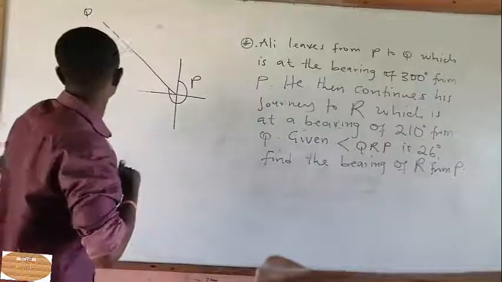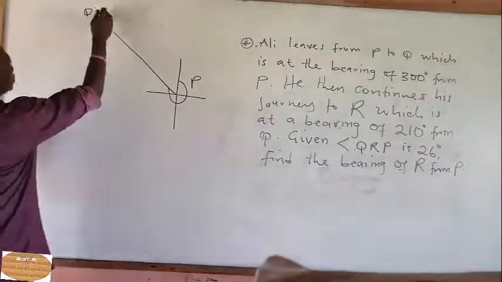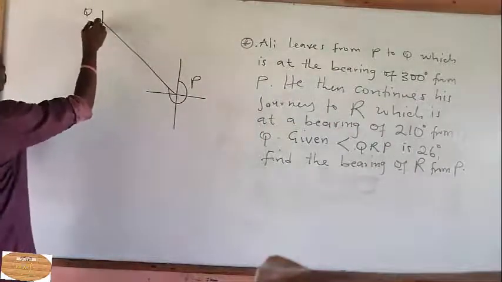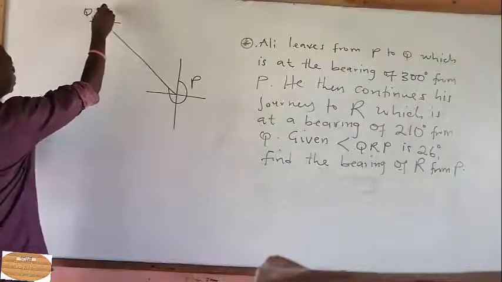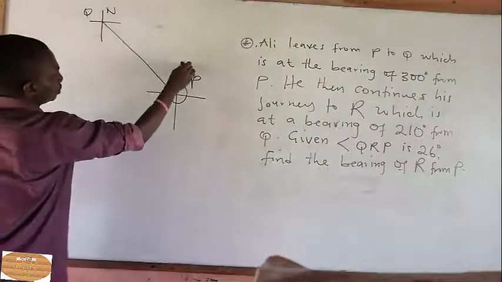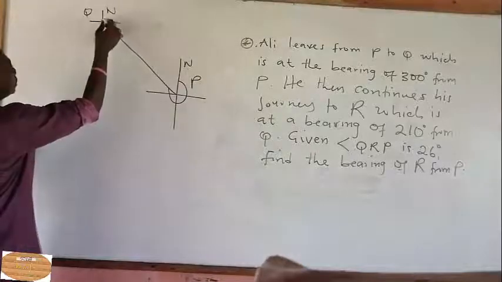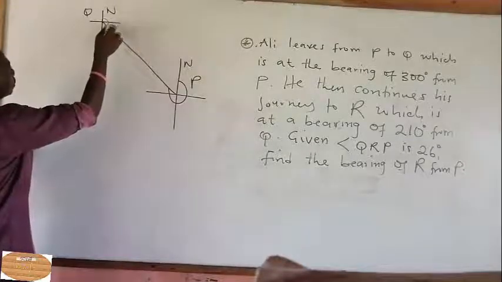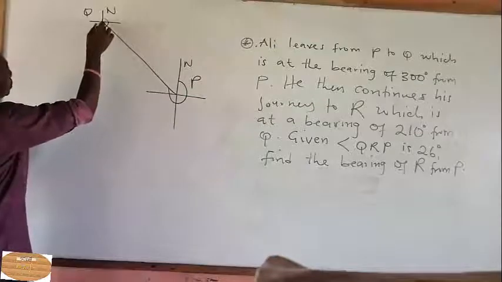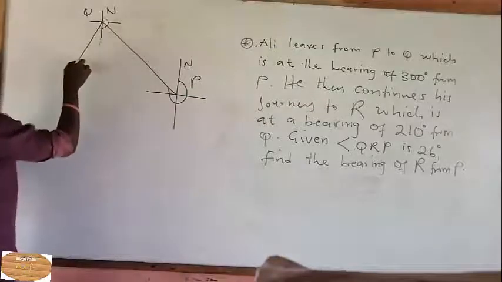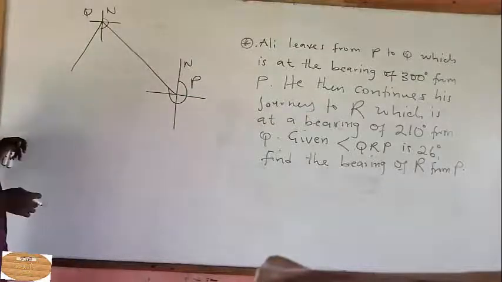So let's sketch that one. Let me draw my north. So this is my north. So 210, we have 90, 180, so 210 will fall within this.